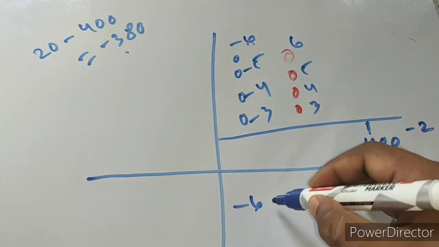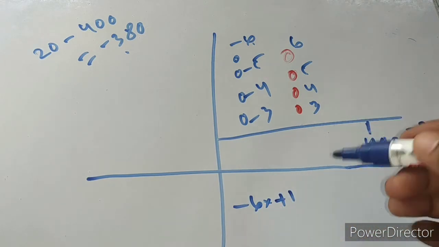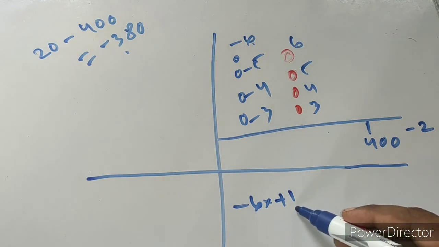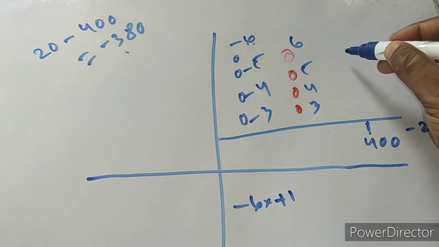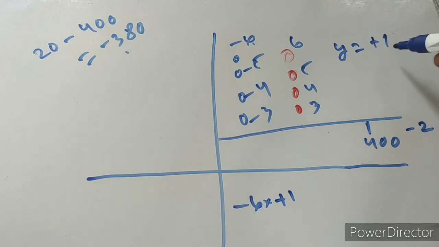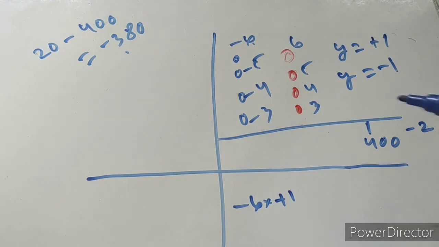If it is above the line, it is multiplied with plus 1, because I am multiplying plus 1. Here we are considering y equal to plus 1 if it is above the line, and y equal to minus 1 if it is below the line.